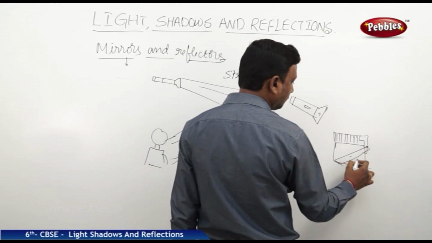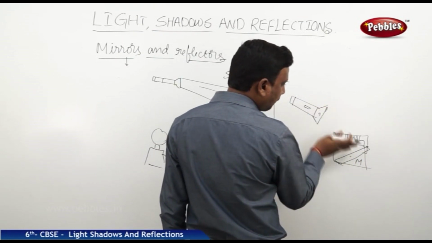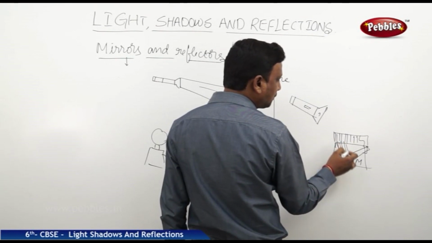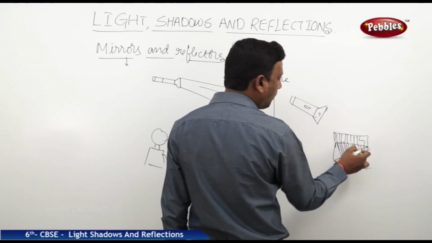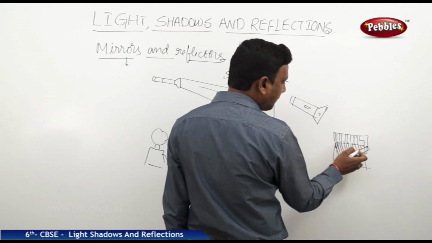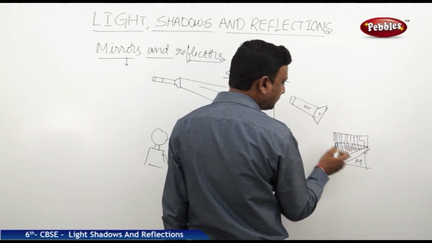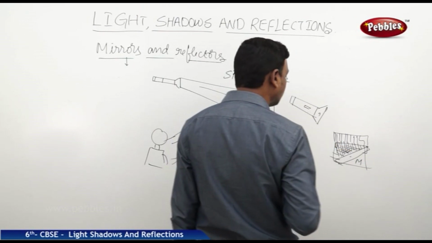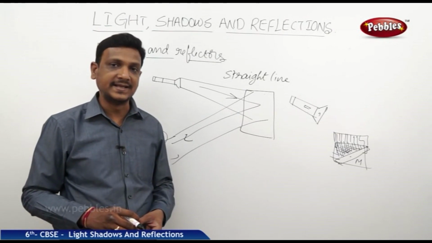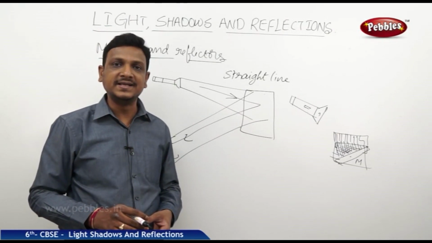This is the mirror M. So when you are focusing the light here, the light passes through the teeth of the comb and it forms the shadow. Again the light which is falling on the mirror forms the shadows like this. So by this experiment also we can know that light travels in a straight line and it gets reflected by the mirrors.